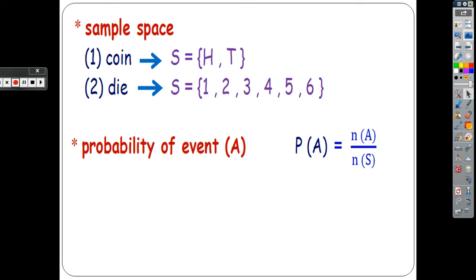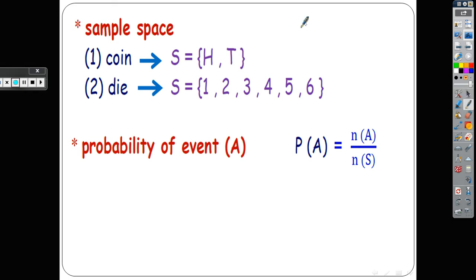At the first, if you have an experiment like tossing a coin, you have two choices: head or tail. So the sample space of the coin may be head, maybe tail.